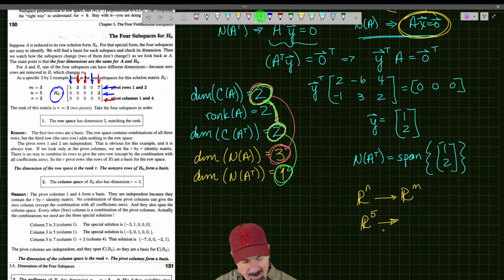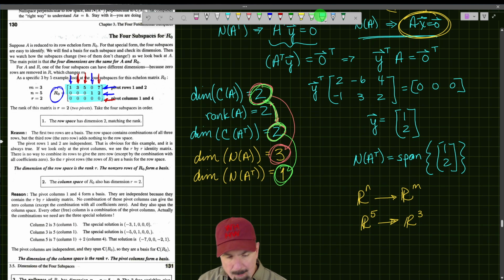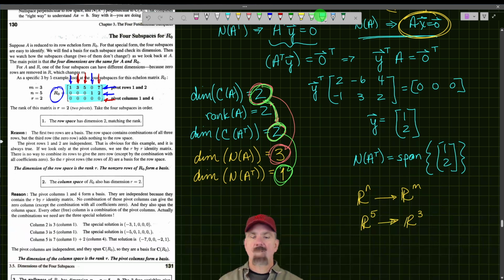And what we have is we are mapping onto R3. So we could tell all of that immediately simply by looking at the size of the matrix here. But this is just confirmation that we're getting the same information when we look at the dimensions of the four fundamental subspaces. It's all tied into the dimensions of the matrix that we're talking about, along with its rank.